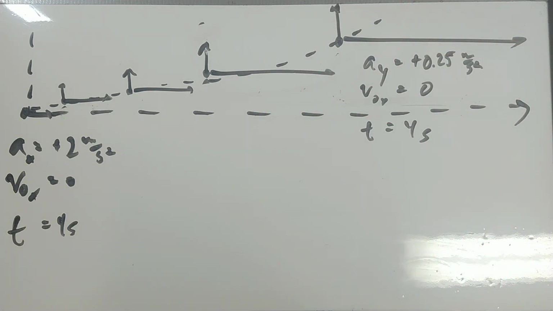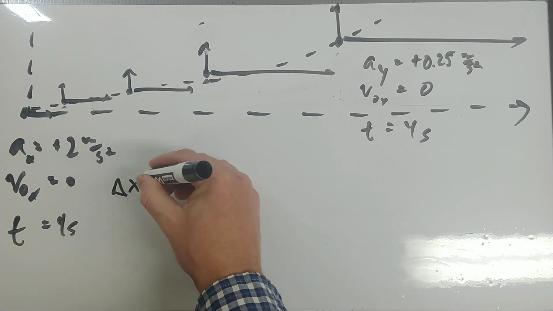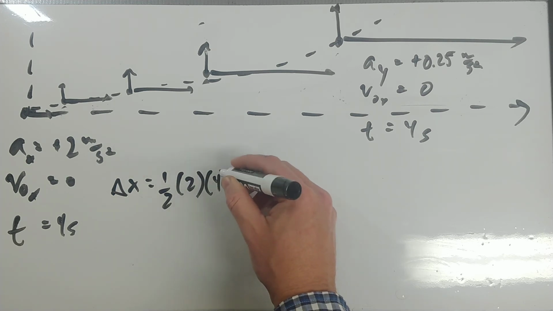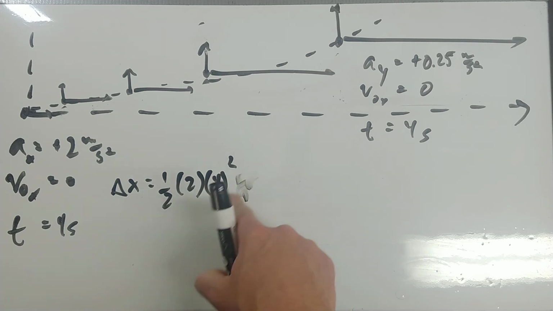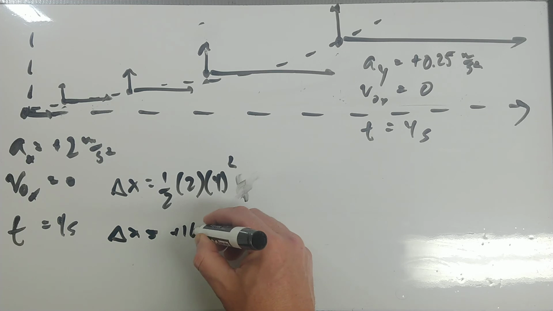So if we go ahead and figure out delta x and delta y, delta x equals 1/2 of 2 times 4 squared plus v naught t, which is 0, so 16. Delta x would be positive 16 meters.